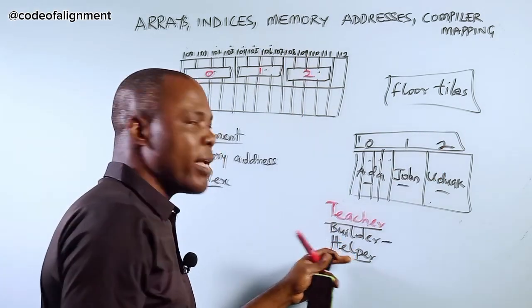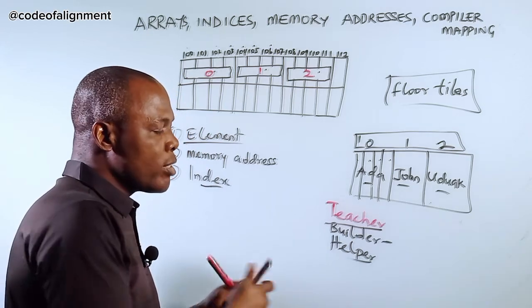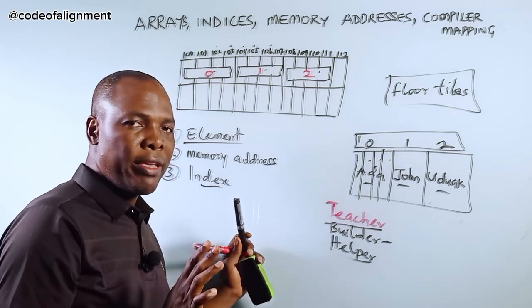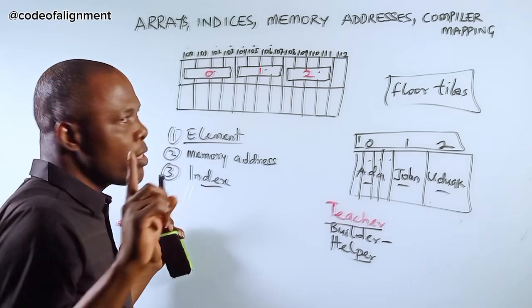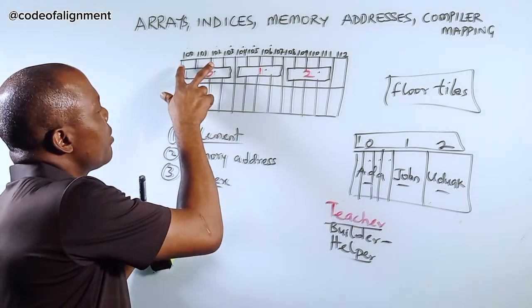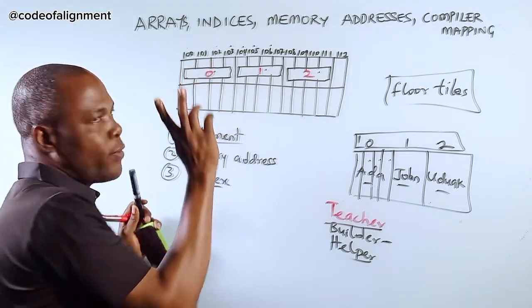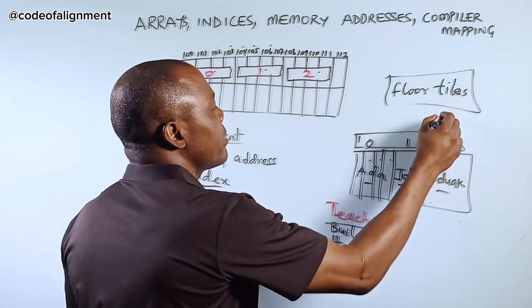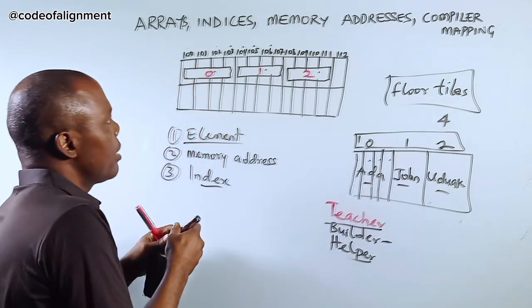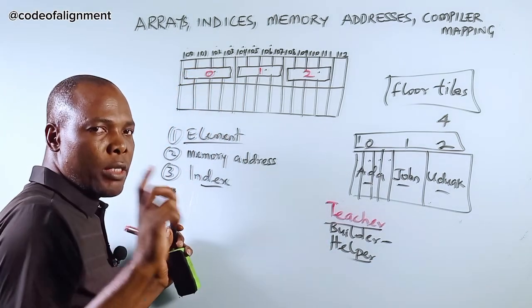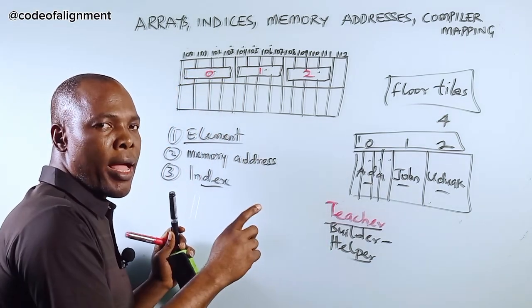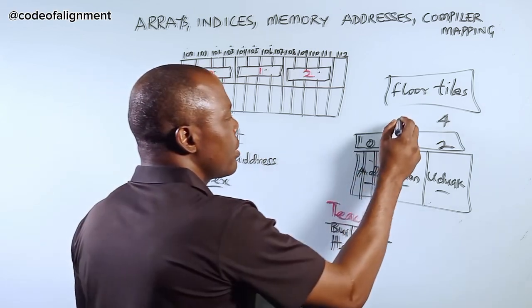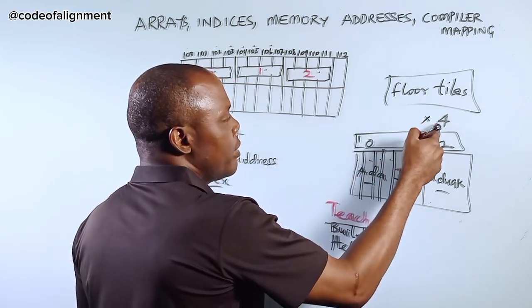But how is this helper doing that? This helper is using a simple rule, a very simple rule. The helper knows that each chair occupies 4 tiles. That is 4, right? Each chair occupies 4 tiles. So what the helper will simply do is take the chair number, multiply it by what? The 4.